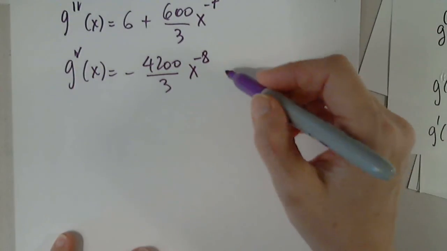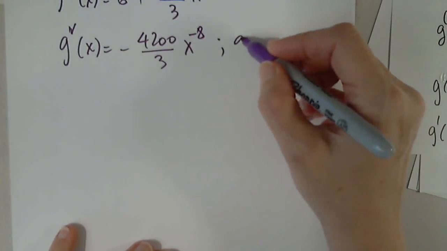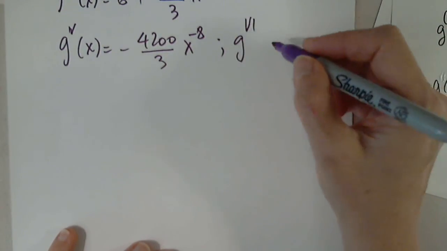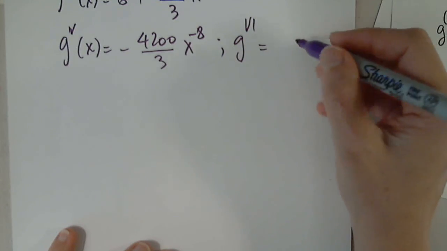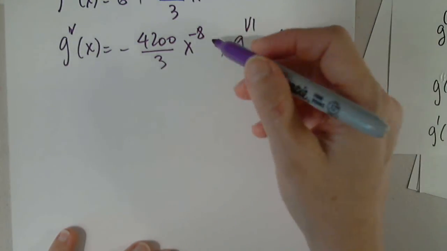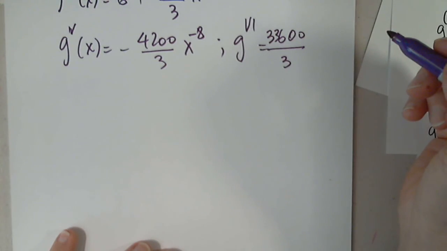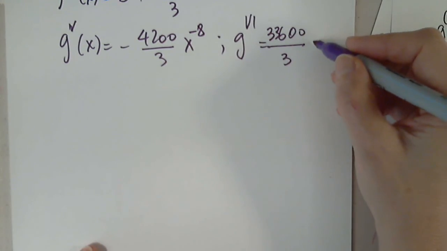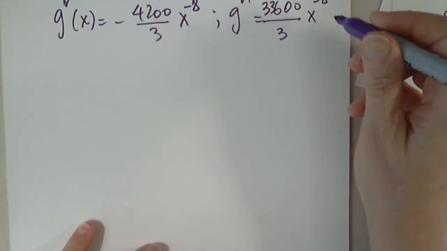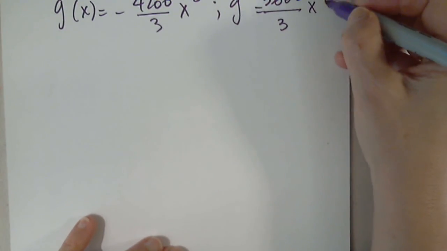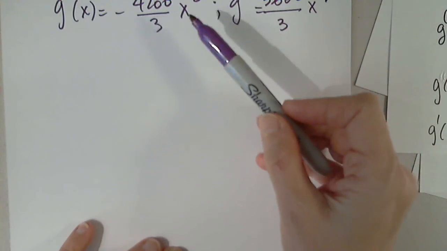As you see, everything went away except that term. And the last one, which is the sixth derivative, we get positive 6 and 1, that's 33 over 3, x to negative 8. I will simplify and bring x to, I'm sorry, negative 9. So I brought down negative 8.